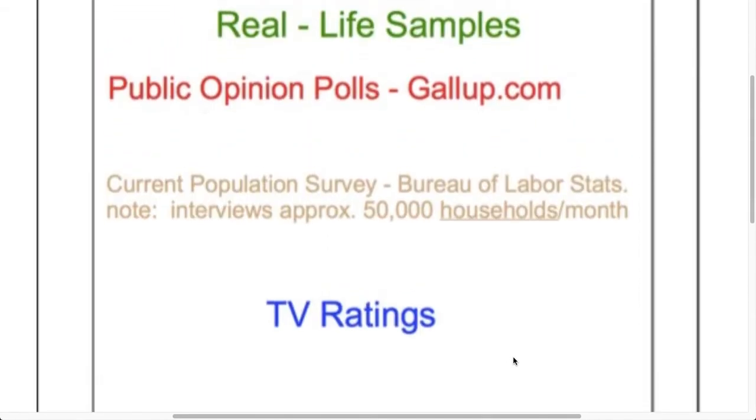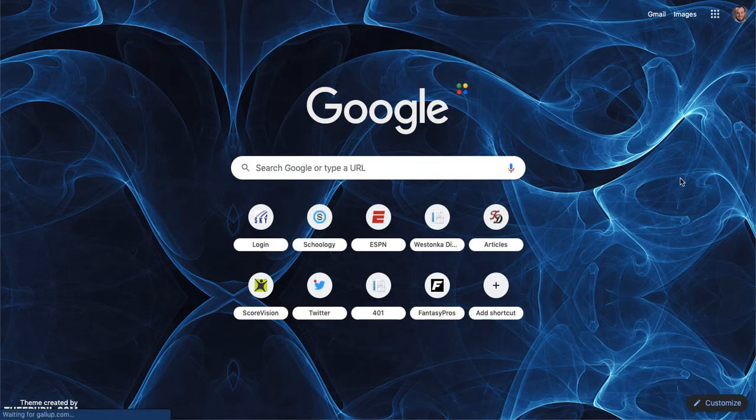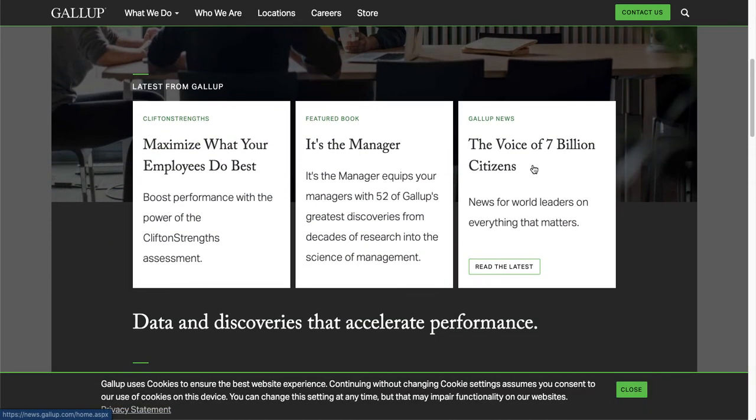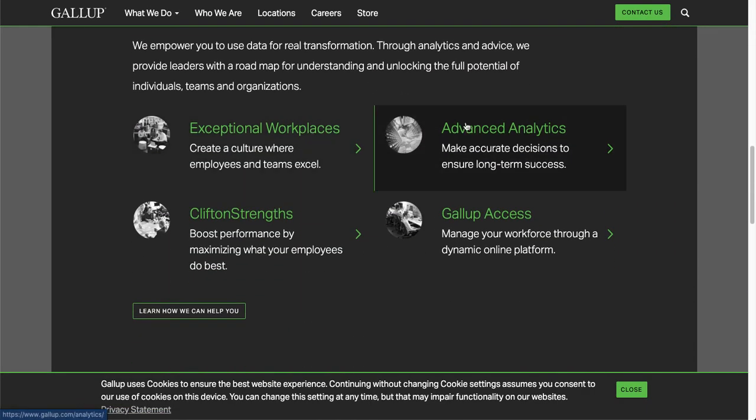So just some different places, I'll actually go to Gallup real quick. Gallup is definitely the most popular one that takes random polls of different surveys. Man, they've changed their website a little bit here.